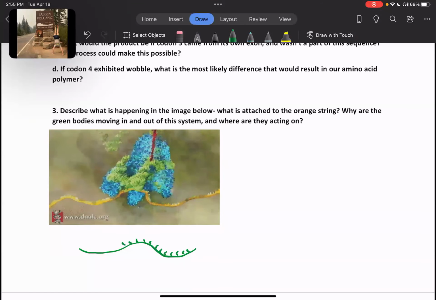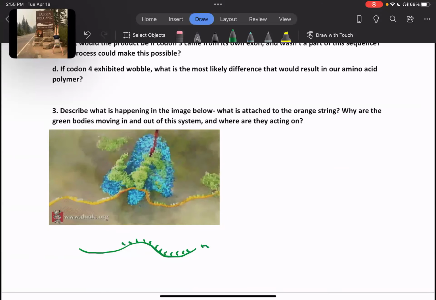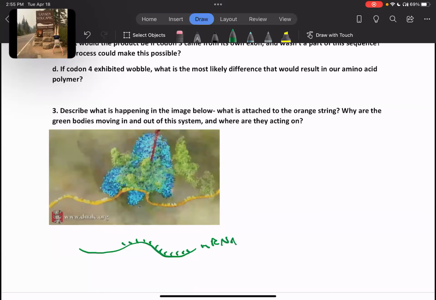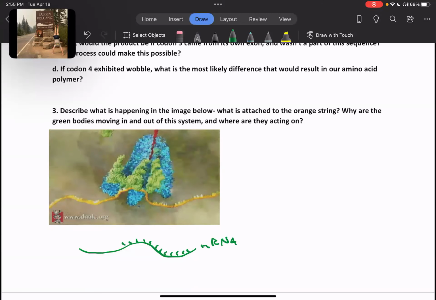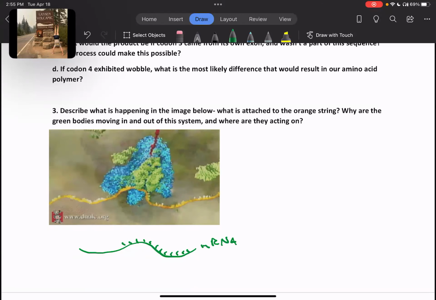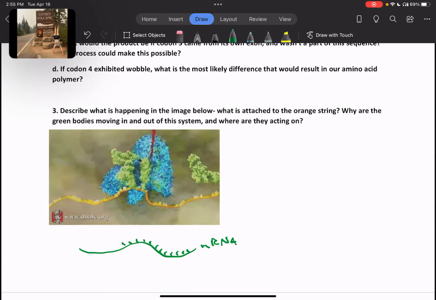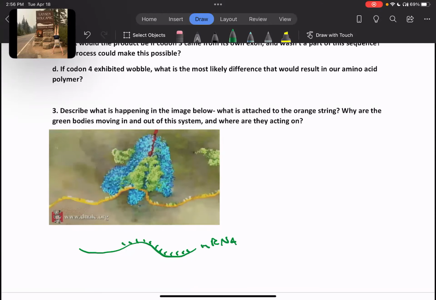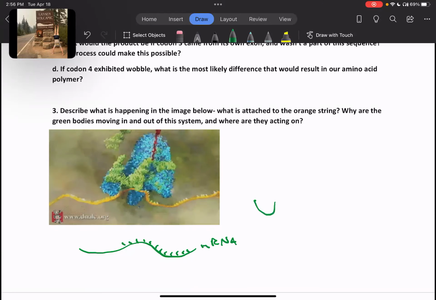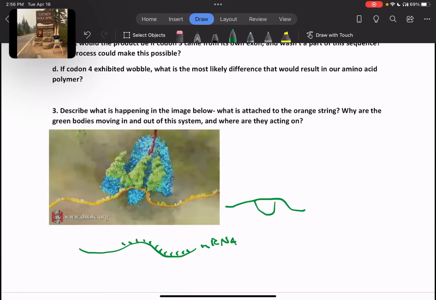Wait, I think I gave it away. This orange strand is our mRNA strand, like we were drawing in blue in the picture that we have been doing for a long time. And we have the small ribosomal subunit that it's sitting on top of.